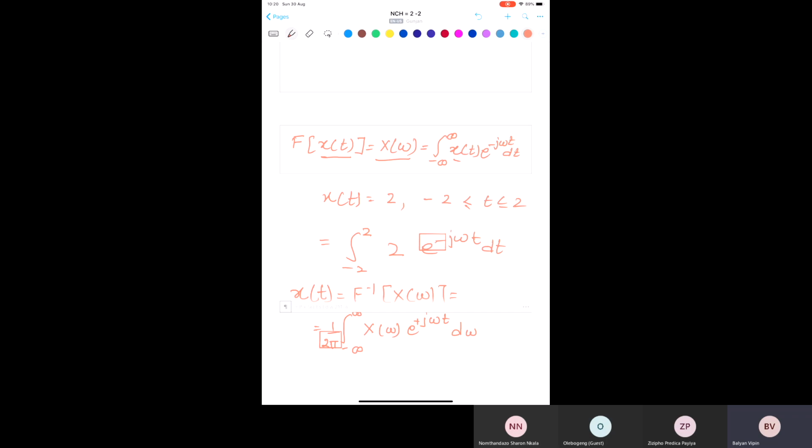Now this is basically the formula of your Fourier transform.